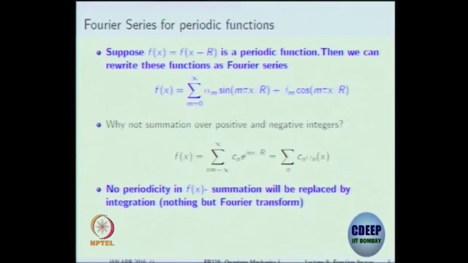If you take a free particle which is not bound anywhere, there is no periodicity. Suppose you put a free particle on a circle, making the particle move only on a circle of radius r. What happens? When it comes back after a 2 pi rotation, it's at the same point.